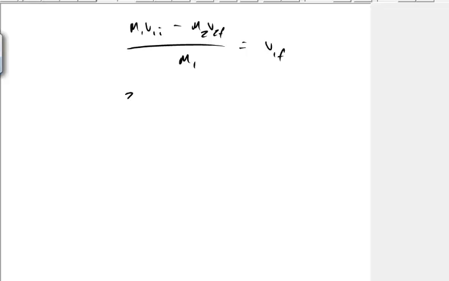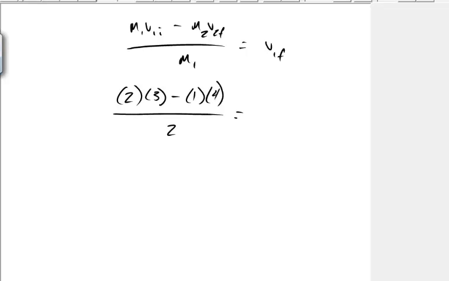So I identify M1 is 2, and V1I is 3 meters per second. M2 is 1. The final velocity of it is 4. Does it tell me what direction? Oh, to the west. Okay.